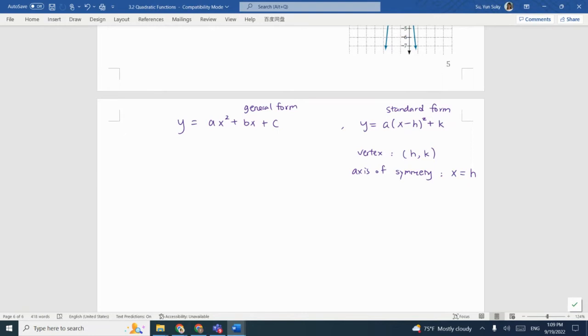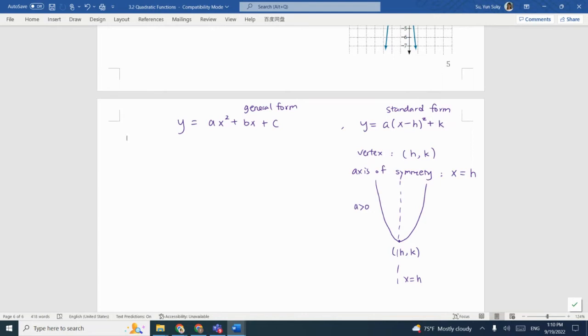Okay, so this is the vertex, and then if a is greater than 0, we have a parabola opens up, and then the vertex is h comma k, and then this is the axis of symmetry, x equals h. So far so good, everybody?